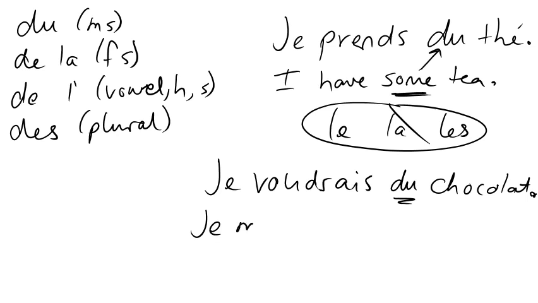So je mange, let's see, poulet is masculine, so we use du. Du poulet. I eat some chicken, but notice we have du here because otherwise it gets really awkward really fast. And if I were to say je mange le poulet, everybody's going to think I ate a whole chicken by myself for lunch, and I didn't.